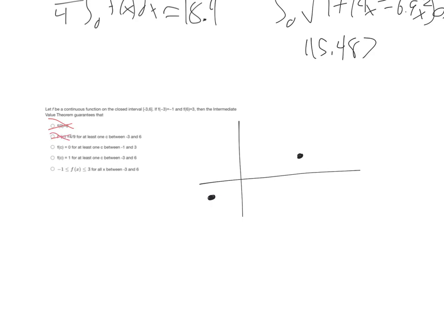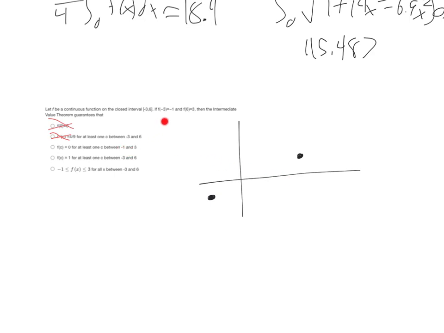Now f of c equals 0 for at least one c between negative 1 and 3. Well, now that sounds right because I don't know that we equal 0 at 0, but for some value, yes, we have to get from this point to this point. Literally, watch my laser there. I can't get up there and get to that other point unless I cross the x-axis. The problem with this one is they gave you the wrong interval.